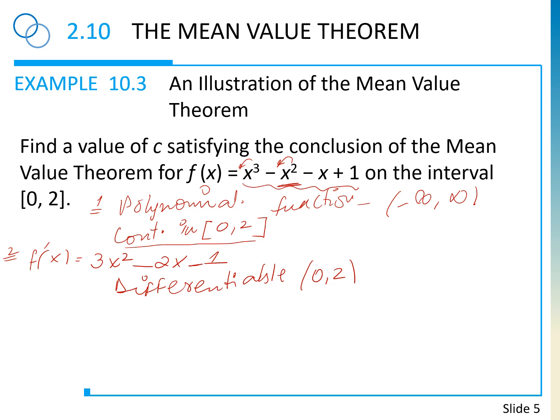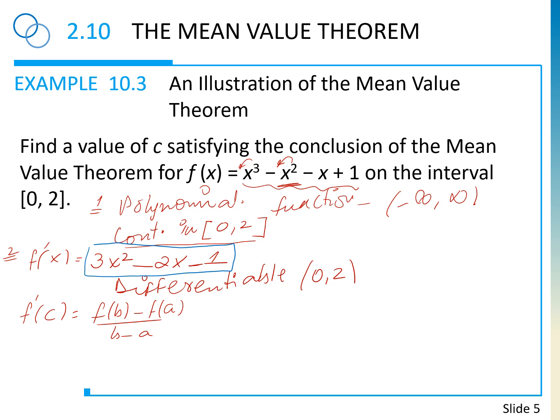Now if these two conditions are fulfilled, then you can say that f prime of C equals f of b minus f of a over b minus a. When we say f prime of C, the derivative we already know. We only have to replace x by C. Now let's find f of a and f of b.